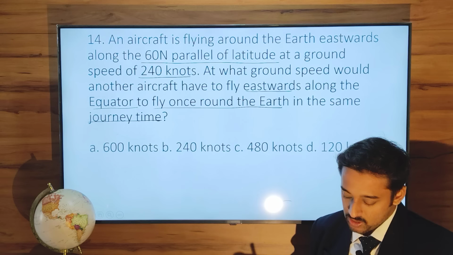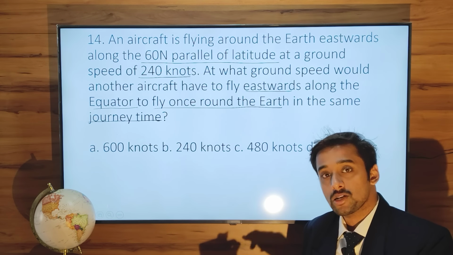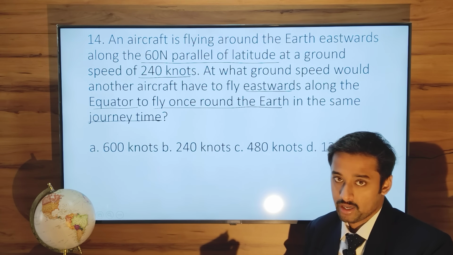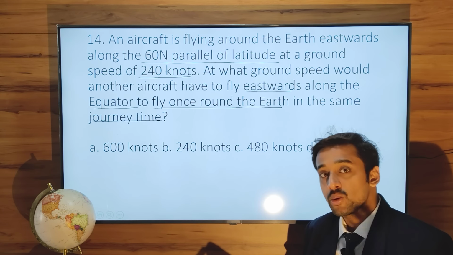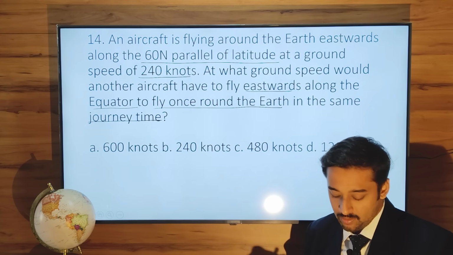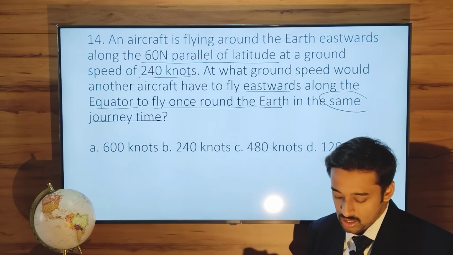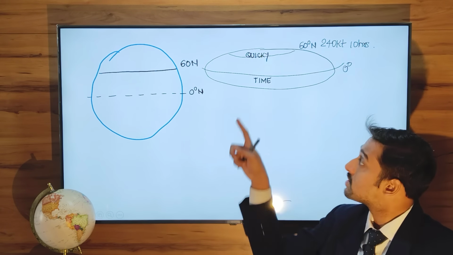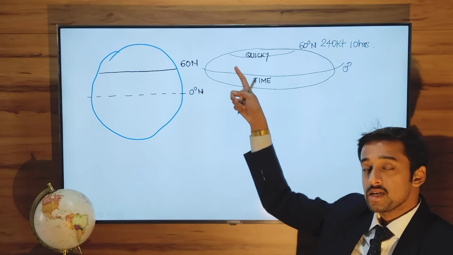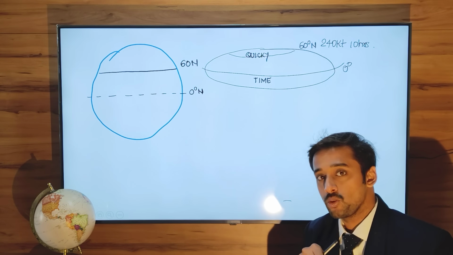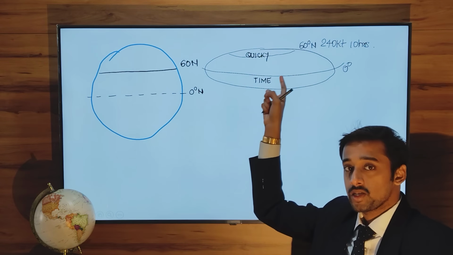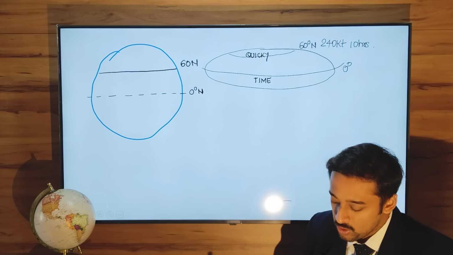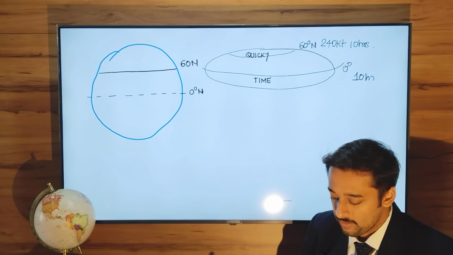The second part of the question says, what should be your speed when you fly along the equator and make a 360 degree turn in the same amount of time, in the same journey time? So the time you have taken to travel at 60 degrees north is the same time available for you to cover 360 degrees at the equator.